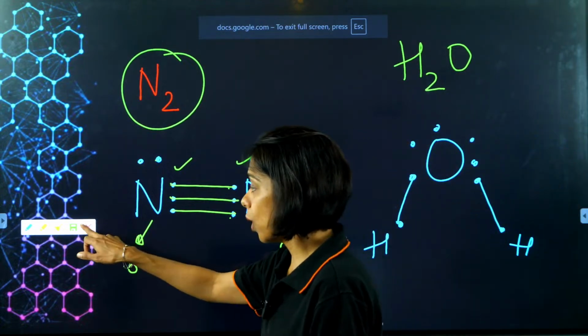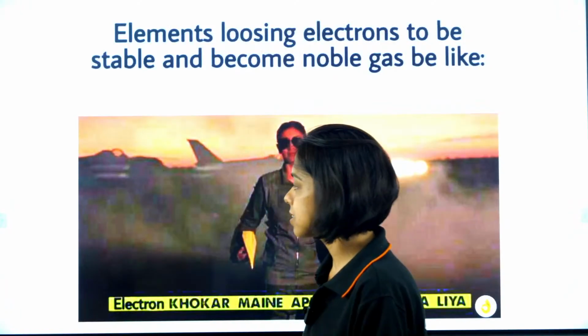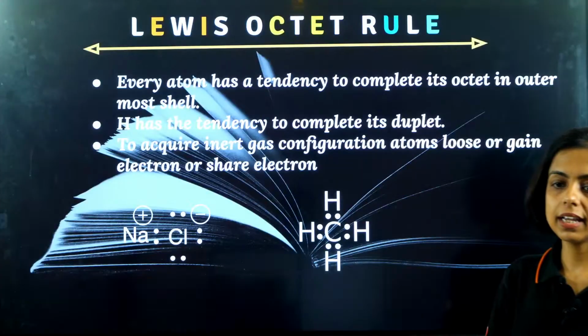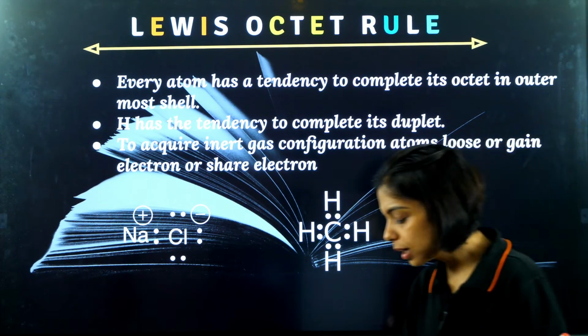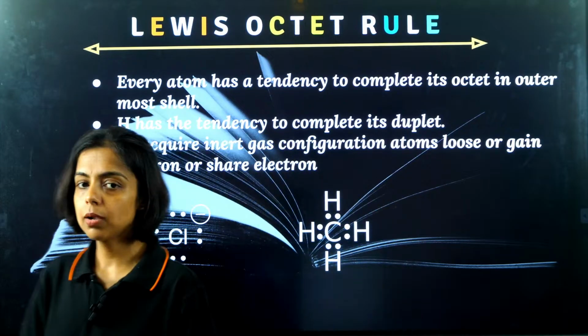So this is what Lewis said about the chemical bond, that it was a primitive theory, a very old theory, with which Lewis tried to explain why there is bond formation. So according to Lewis, he gave a rule which is known as the octet rule, that every atom has a tendency to attain 8 electrons, right? By losing, by gaining, by sharing electrons.